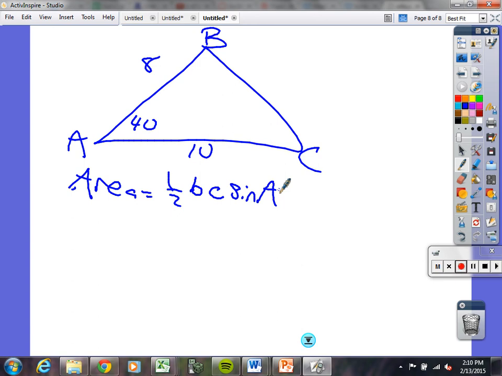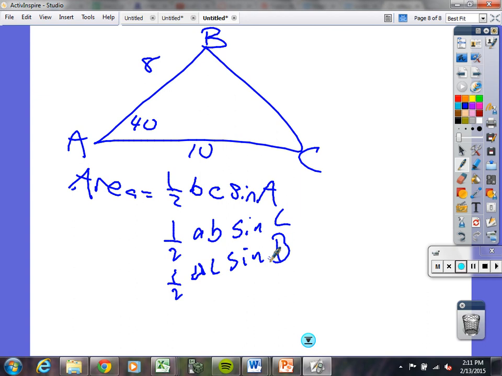What else could it be? Because do I always have to give you A? Give me another formula. 1/2 AB sine of C. Give me one more. 1/2 AC sine of B. Those are the formulas you can have. Pretty simple to plug and chug.